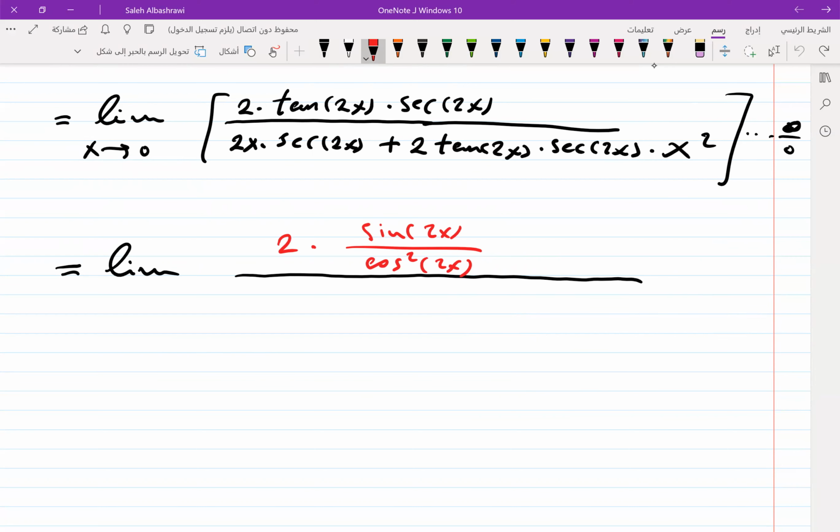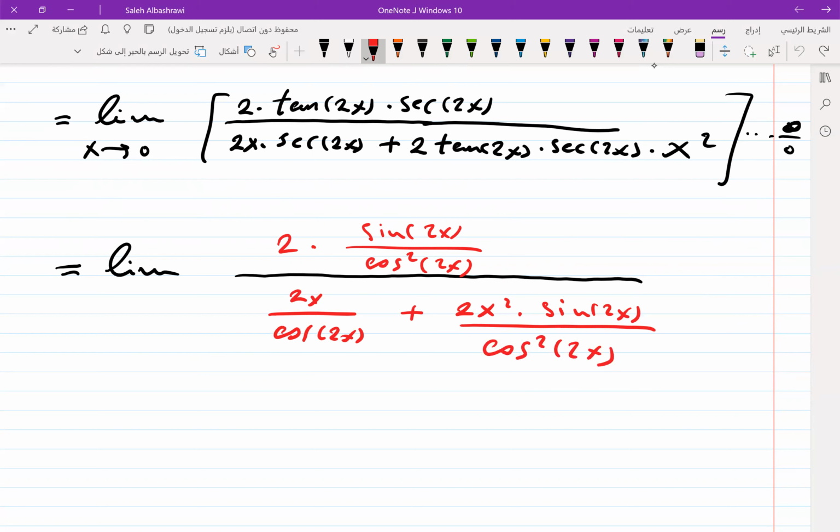And the denominator will be 2x divided by cosine 2x plus 2x squared multiplied by sine 2x divided by tangent with secant, which will be cosine squared down, as x goes to 0.